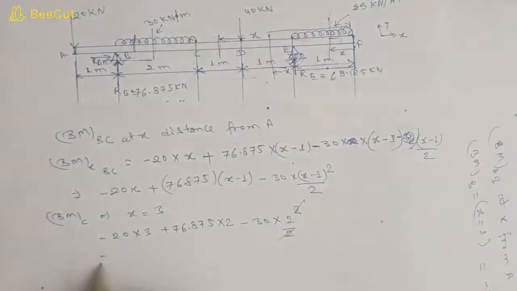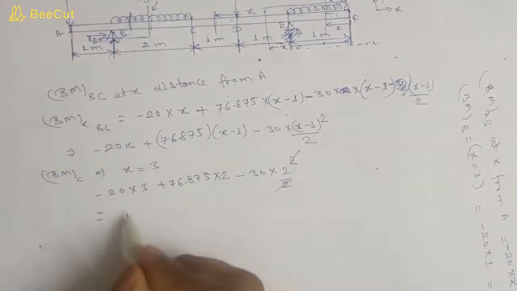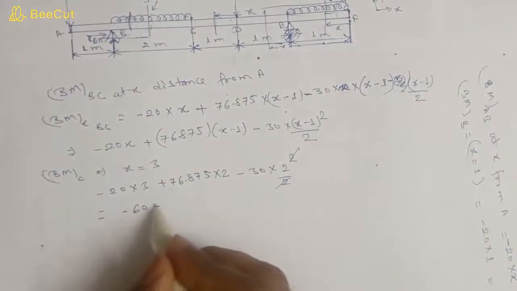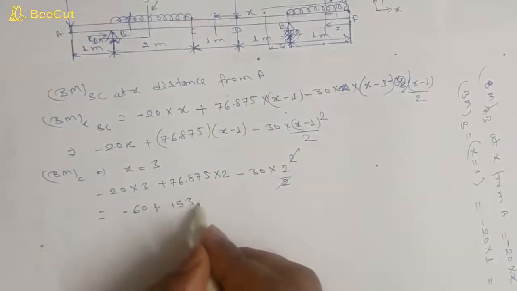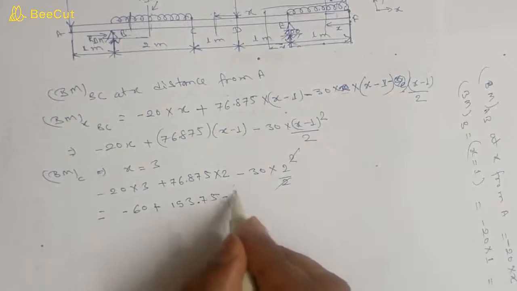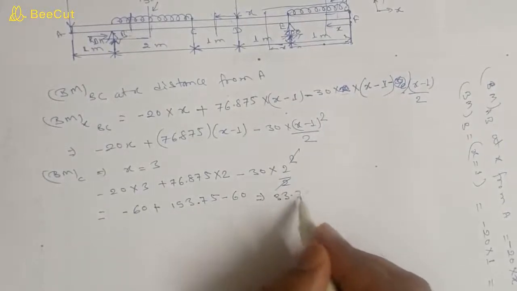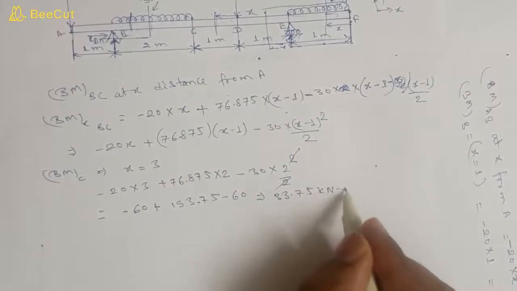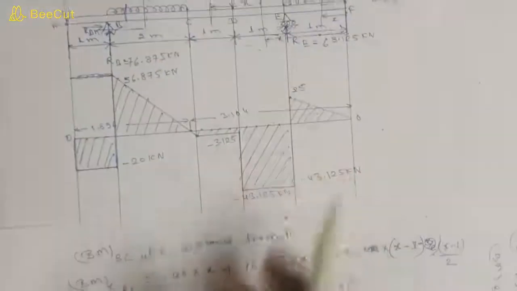So it will become minus 60 plus 153.75 minus 60. So it will become 33.75 kilonewton meter.